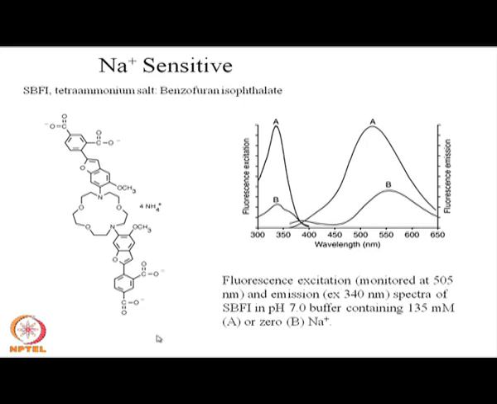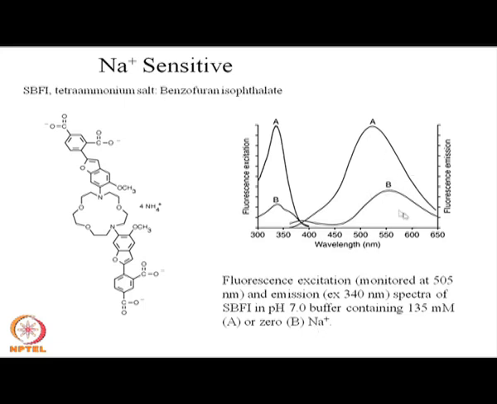This is your fluorescence excitation spectra monitored at 505, between 300 to 400, and emission which is excited at 340, for this SBFI at pH 7 buffer containing 135 millimolar and 0 millimolar sodium plus.